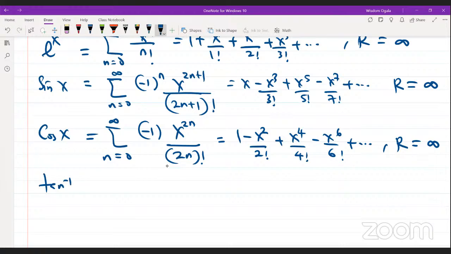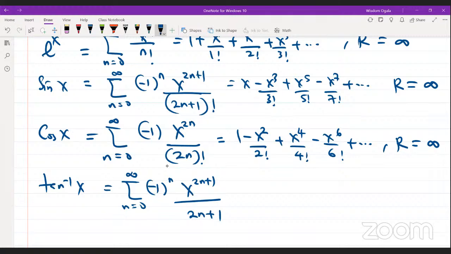Now, you also have one for tan inverse of x, arctan of x. This is the closed form expression: x minus x cubed over 3, and so on. The one for tan inverse of x is similar to sine of x. The only difference is that for sine, you have a factorial on the bottom, and for tan inverse, you don't have a factorial.